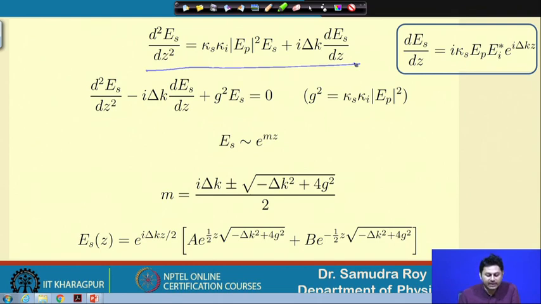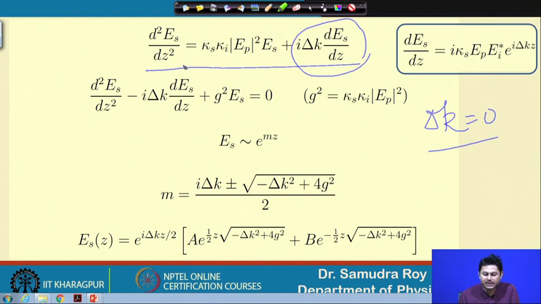Now, if you note very carefully, because of this delta k term, we have an extra derivative term here. It was not there when delta k equals 0, and we had a simple second order differential equation which we can solve very easily.